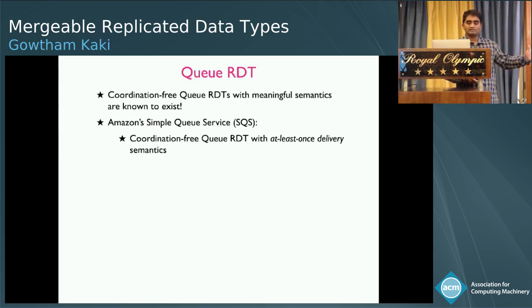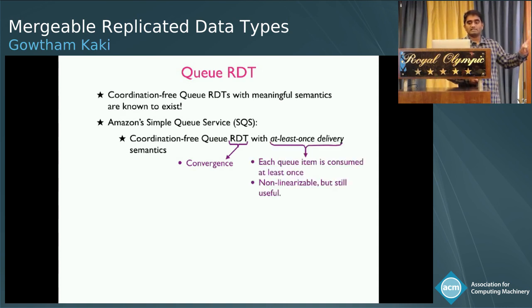So what it means is, first of all, SQS does converge, and second, at least once delivery essentially means that each item in the queue is guaranteed to be consumed at least once. So you won't have executions such as the first one where the element just vanishes out of the queue without ever being consumed. It is not linearizable.